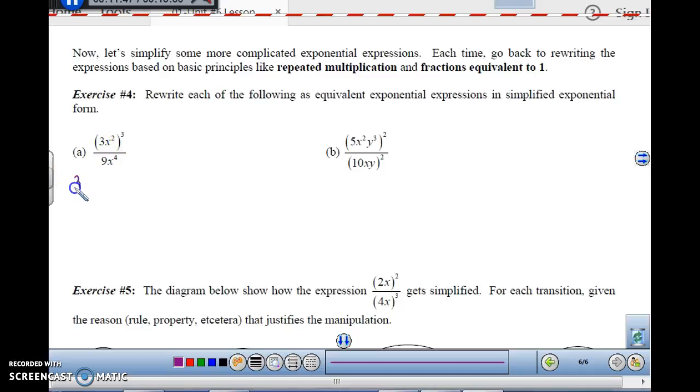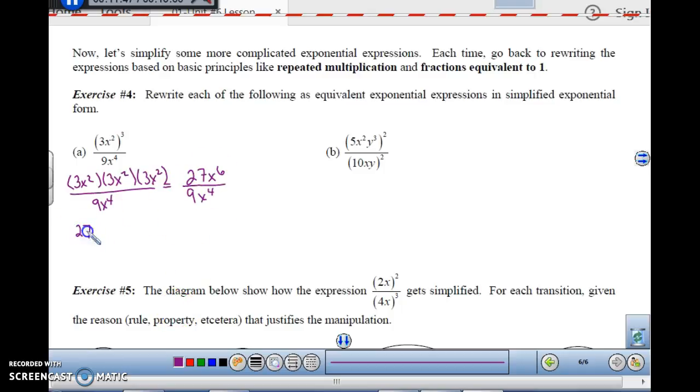Remember, that actually means 3x squared times 3x squared times 3x squared over 9x to the 4th. So we want to multiply these together. 3 times 3 is 9, times 3 is 27. x squared times x squared times x squared, add the exponents, is x to the 6th, over 9x to the 4th. Now we need to simplify this.